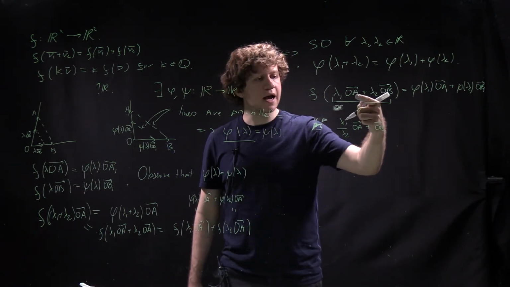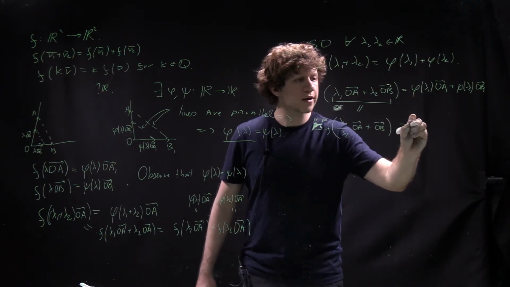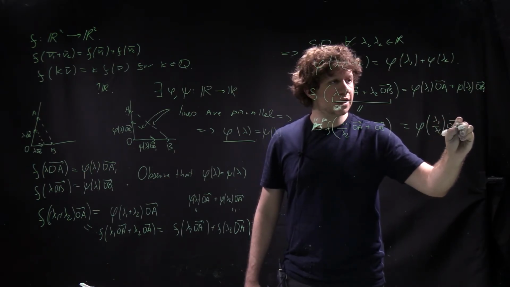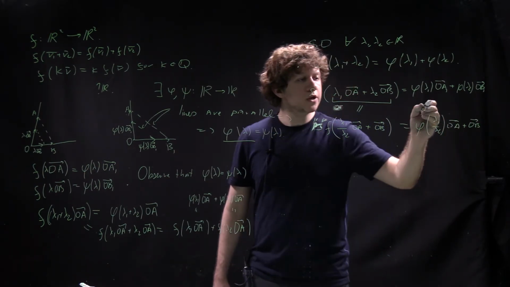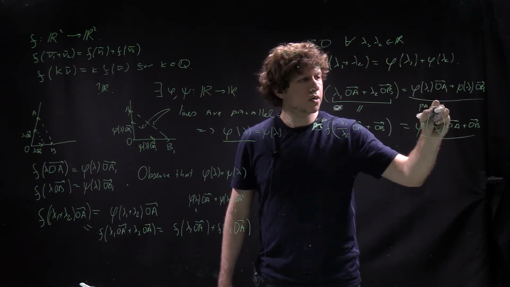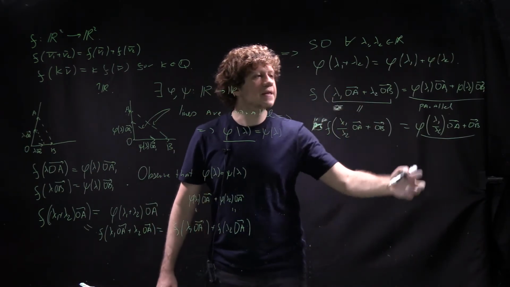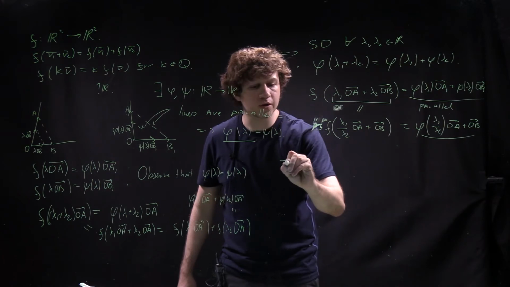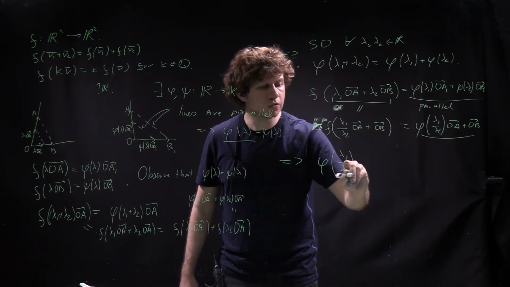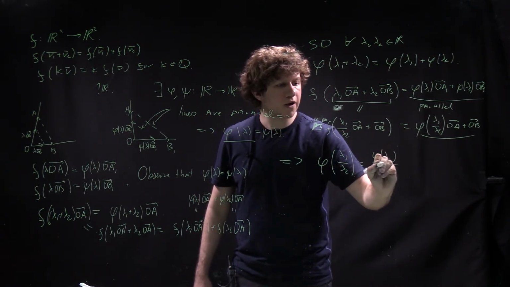This vector will go to phi of lambda 1 over lambda 2 OA1 plus OB1, and we know that these two vectors are parallel, because one is a rescaling of the other. But then the coefficients have to be proportional, and so we conclude that phi of lambda 1 over lambda 2 equals phi of lambda 1 over phi of lambda 2.